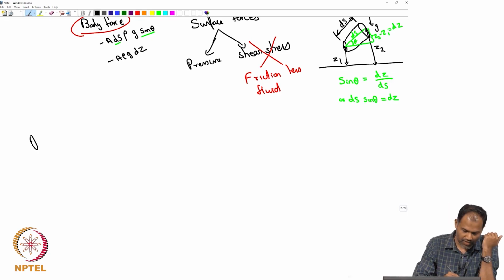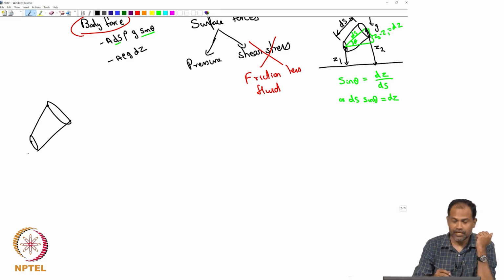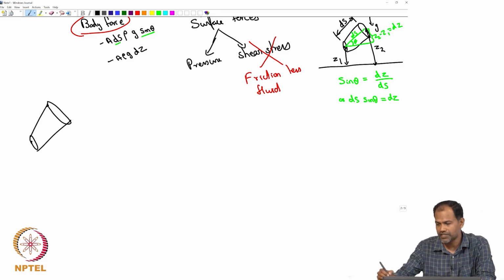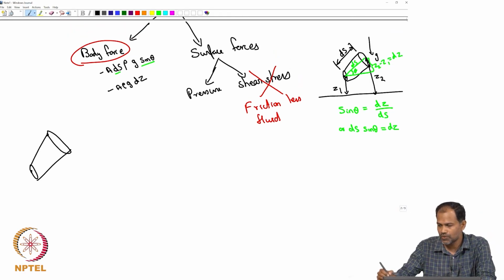So, that is the diagram that we are looking at. We said there is an inlet pressure and then there is an outlet pressure.